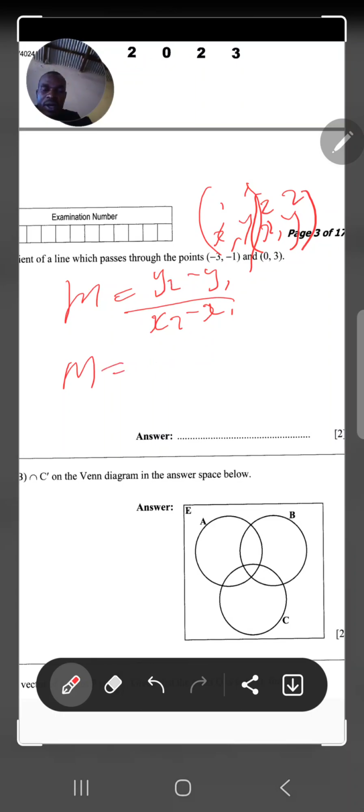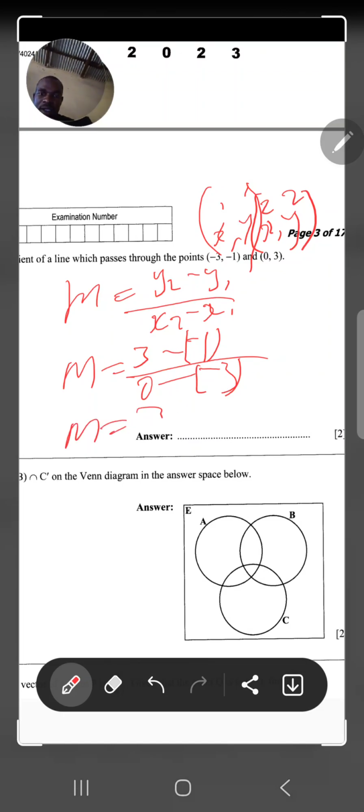So gradient will be equal to, what is y2? y2 is here, so it is 3, minus y1. y1 is negative 1, divided by x2, that is 0 here, minus x1, that is negative 3. Gradient is equal to, there is the same as negative negative gives us positive.